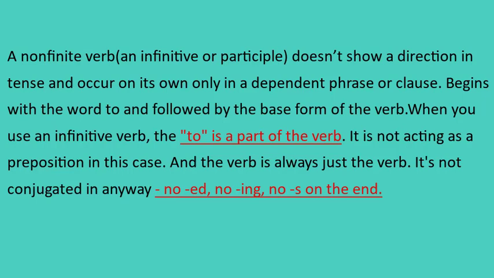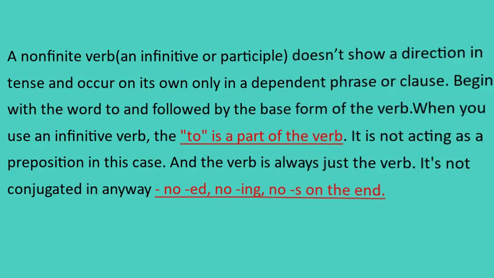It begins with the word to followed by the base form of the verb. When you use an infinitive verb, the to is a part of the verb. It is not acting as a preposition in this case, and the verb is always just the verb. It is not conjugated in any way: no ed, no ing, no s on the end.